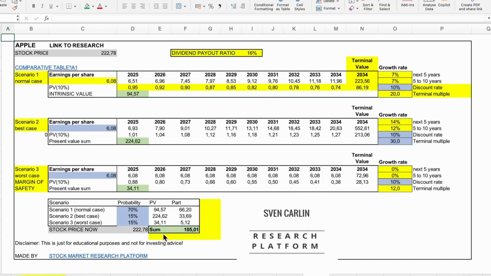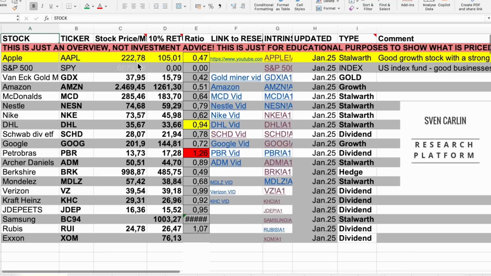Then you compare what you have as an intrinsic value to the stock price, and you also have here the comparative table, and you can see how most of the great notorious businesses are a little bit overvalued, maybe great businesses but too risky, and there are some pockets of the market that lead to good returns here, but still one has to see how that fits one's portfolio and what is the real margin of safety.